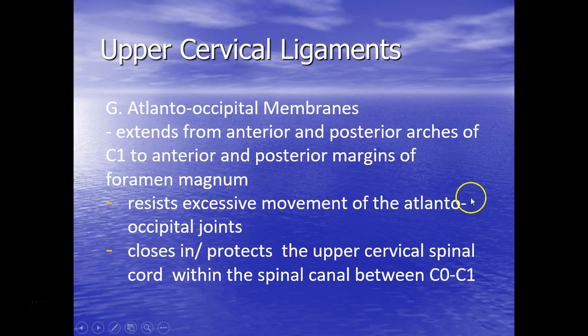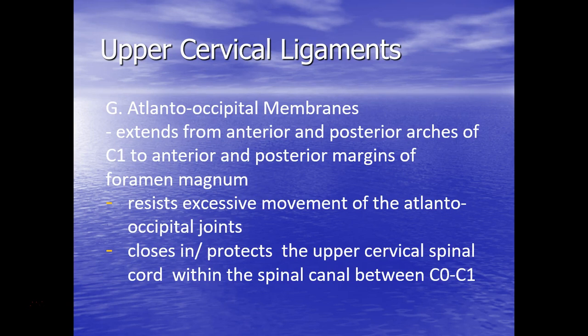Last of these specialized ligamentous structures in the upper cervical region, the atlanto-occipital membranes. These membranes extend from the anterior and posterior arches of C1 upwards to attach to the anterior and posterior margins of the foramen magnum. So they close off the vertebral canal between the occiput above and C1 below.